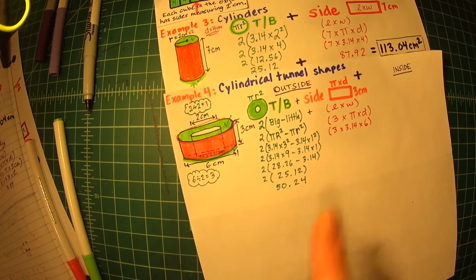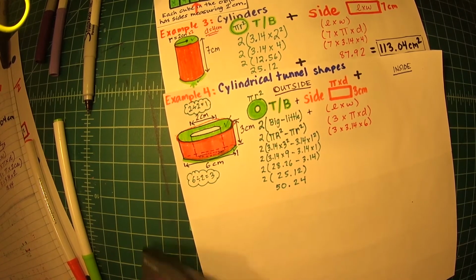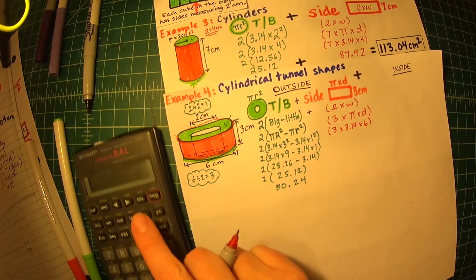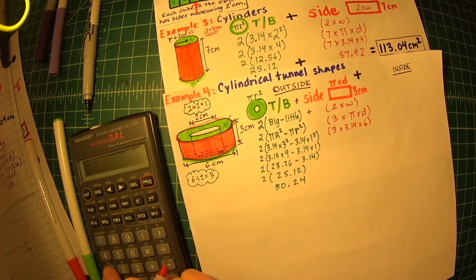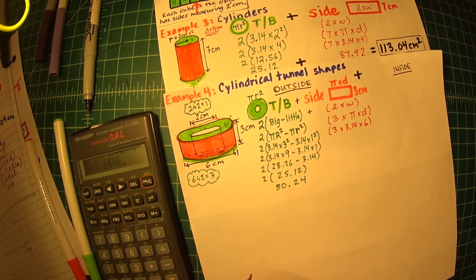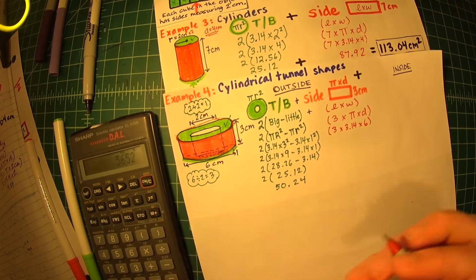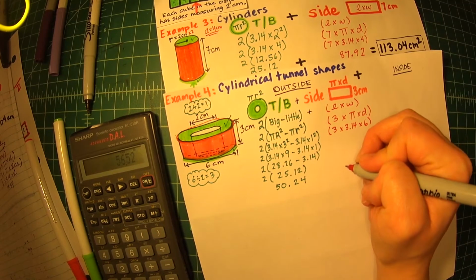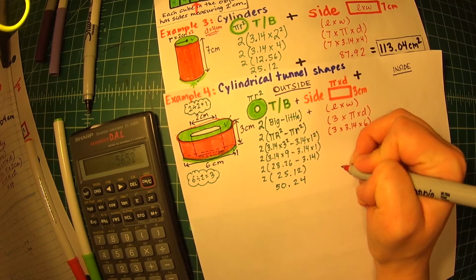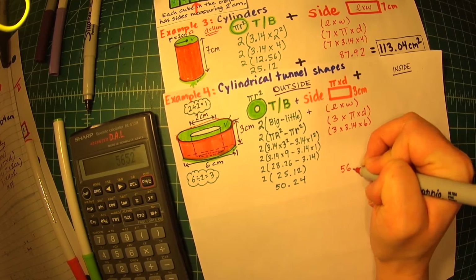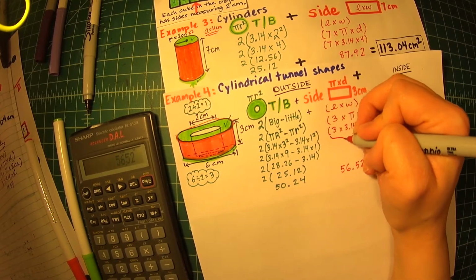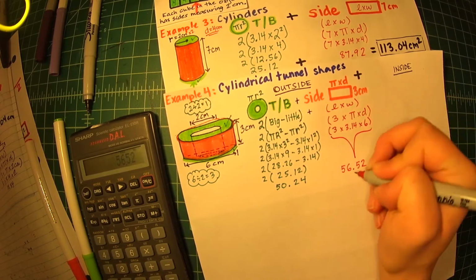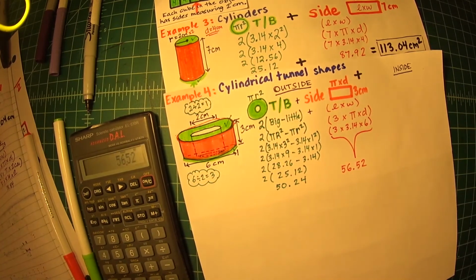Because it's all multiplication, I can put it into my calculator all at once. 3 times 3.14 times 6, and it comes out as 56.52. And notice I'm just bringing it right down here beside my other calculation so that I can keep track of it.